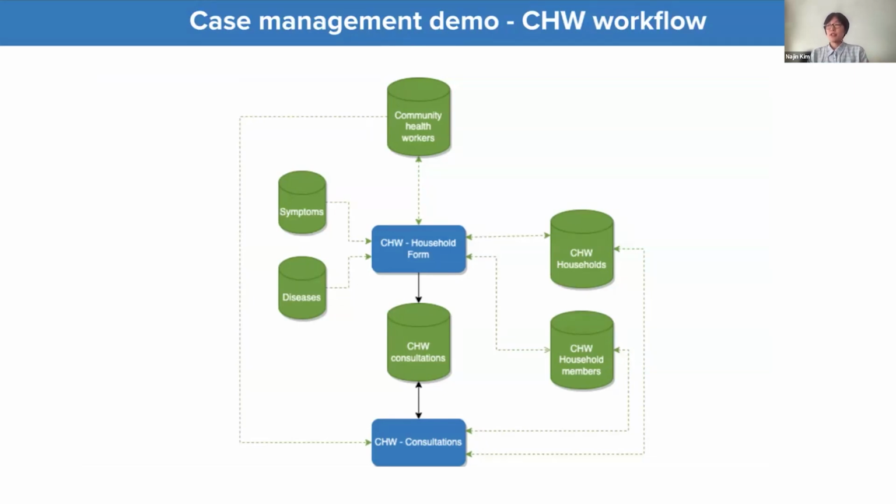As Mafia mentioned earlier, case management is perfect for scenarios where you already know who you are visiting, which makes sense since the enumerators have a list of patients they are scheduled to meet with. And you need to check in more than once and build each patient's record over time, which is also true since there is an initial household visit followed by a consultation, and data is collected at both points.